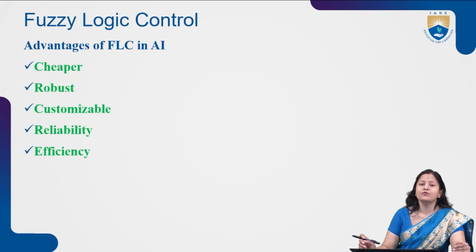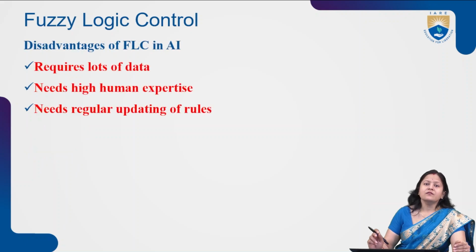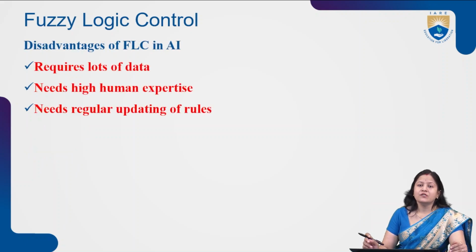Customizable means according to the user requirement, the rules can be edited or modified in the knowledge base. And if we modify the rule accordingly, the fuzzy logic control will work. And it is reliable also. It is much more reliable because it can give the correct result as per the user requirement, and it is efficient also.